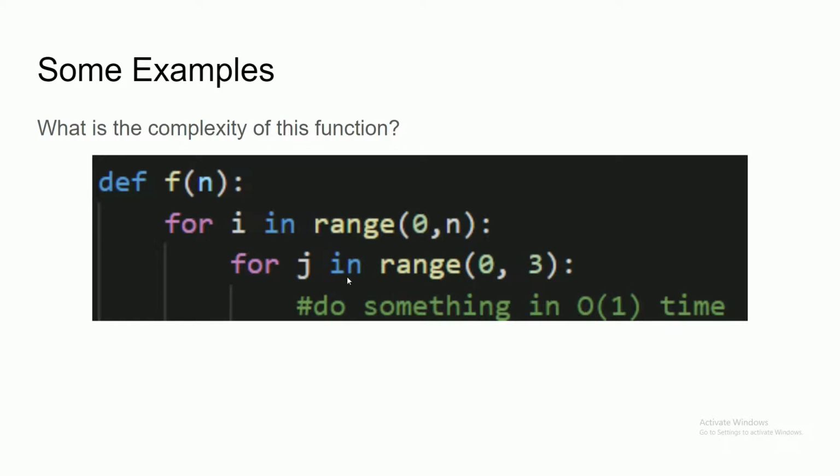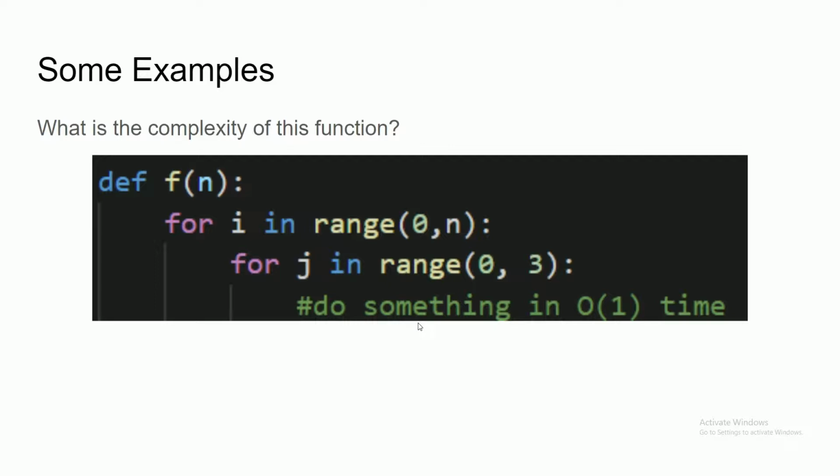So because of this, we can say that this inner loop entirely runs in constant time, which we can also denote as big O of 1 time. Essentially all this means is that as n increases or decreases, the amount of time that it'll take this inner loop to run will not change whatsoever.